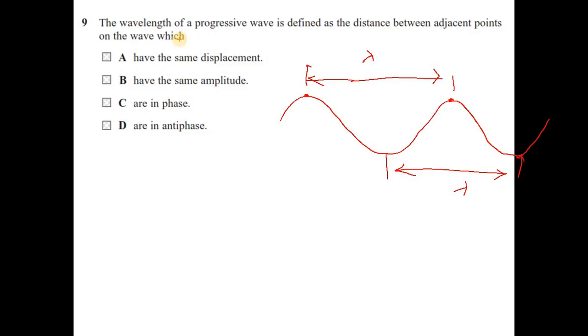So basically, the wavelength is the distance between two adjacent points which are in the same phase of the motion.